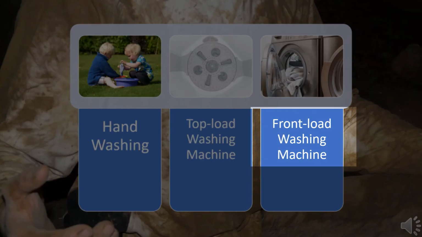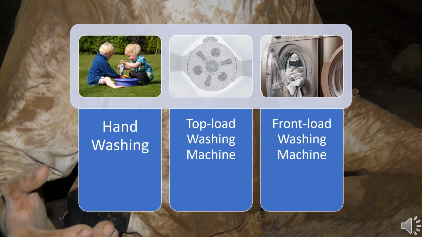Since a front-load washing machine uses less water, it requires a high-efficiency, low-suds formula detergent. If you use a conventional detergent in your front-load washer, the soap may leave a residue on the clothing. So next time, be selective about detergents for effective washing.